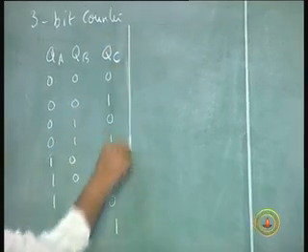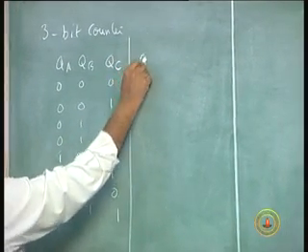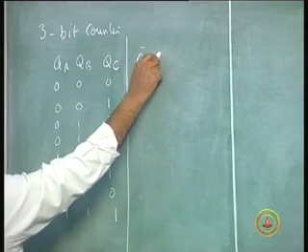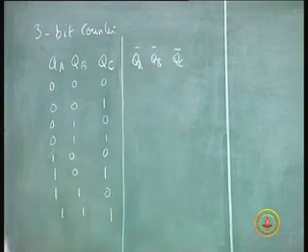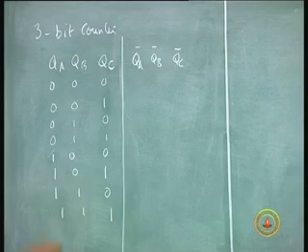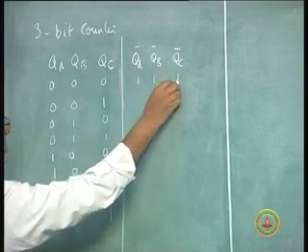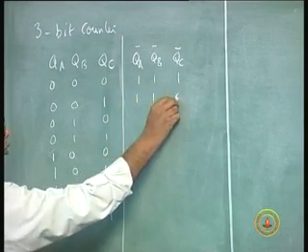Now if you look at the complementary outputs, this will be 1 1 1, this will be 1 1 0.